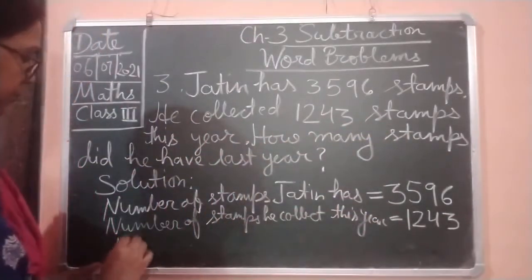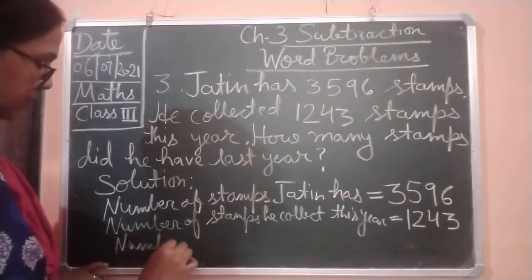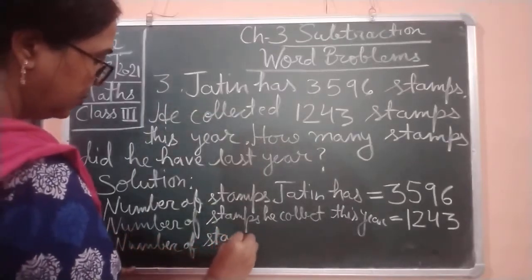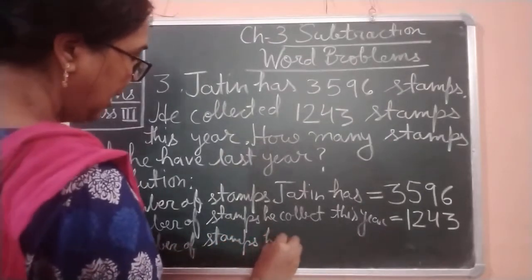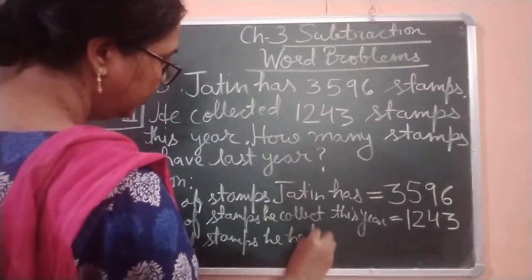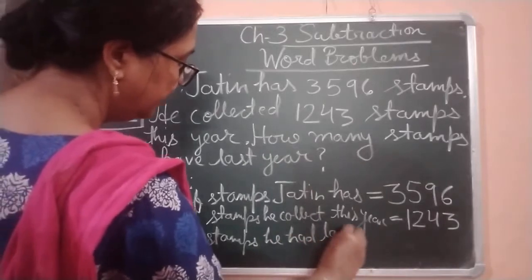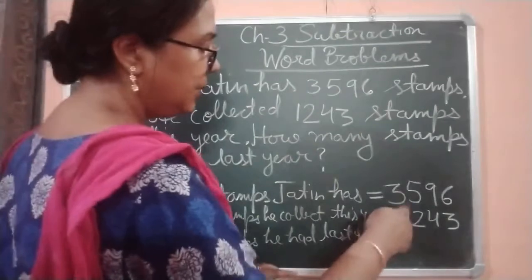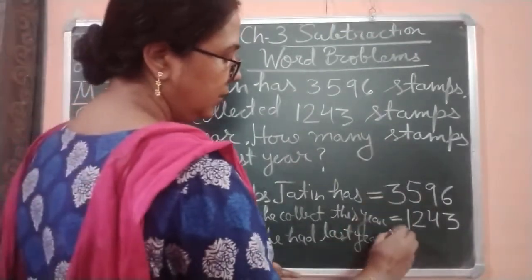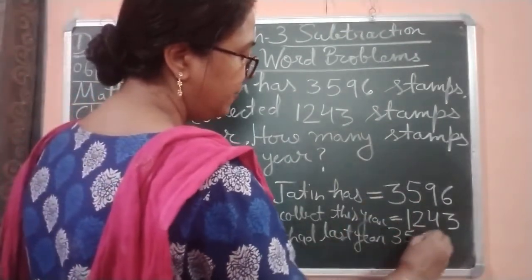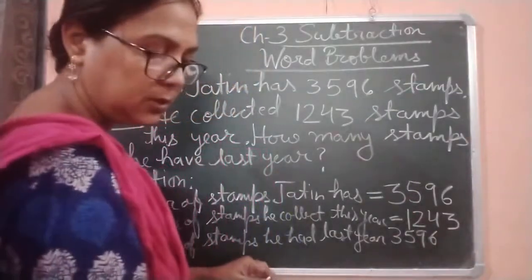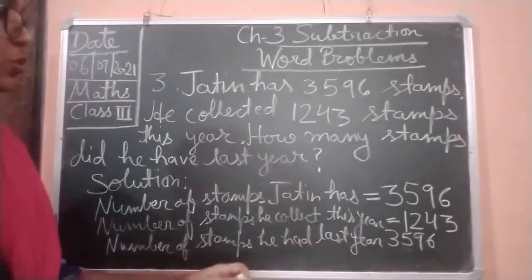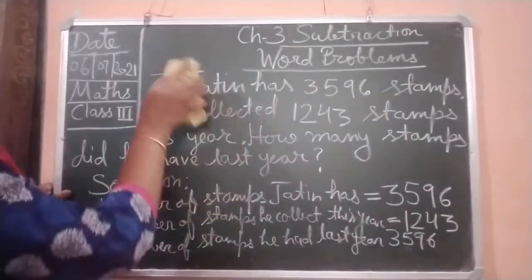Now how many stamps did he have last year? So number of stamps he had last year. So what we will do? We will first subtract 3596. For this we have to erase a few lines of this question because we don't have much space.